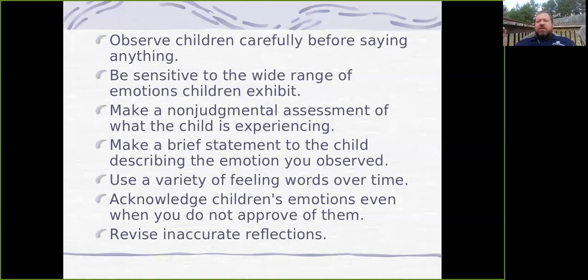Because these are things that we can't directly observe and we're making an inference about, it's important with an affective reflection to make careful observations before we name that emotion, not to jump the gun, and to recognize that children may express a wide range of emotions. And in our culture, some of those may be emotions that make us feel uncomfortable, that maybe we've been taught shouldn't be expressed in a social situation or that should be controlled. And so we have to recognize that children will express a wide variety of things.